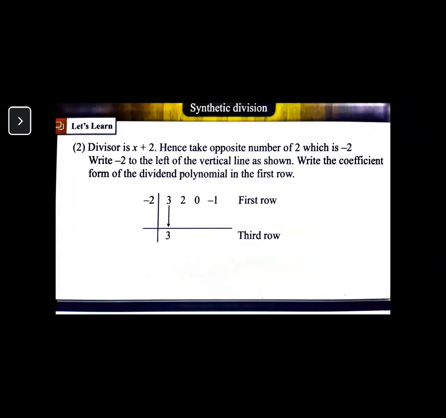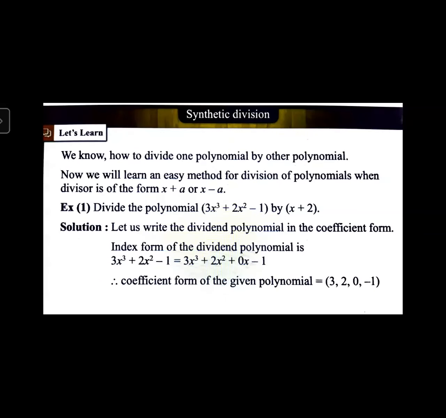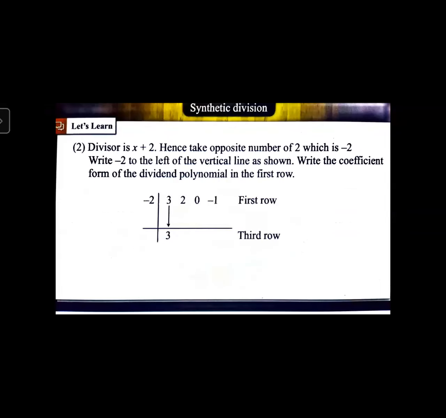Write minus 2 to the left of the vertical line, and write the coefficient form of the dividend, 3, 2, 0, minus 1, which we found earlier, on the first row.